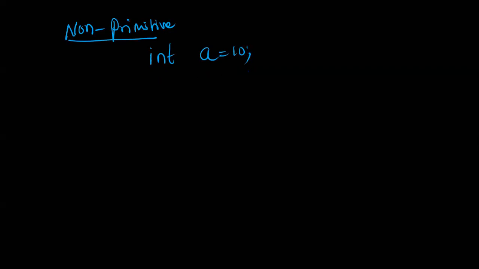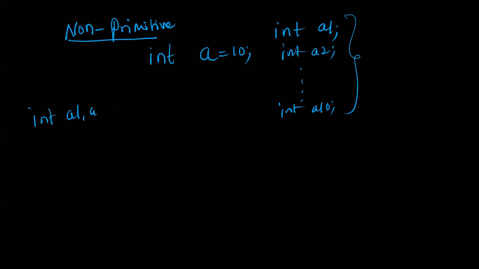If we follow only primitive data types, we have to create 10 variables: int a1, int a2, and so on up to int a10. To store 10 numbers, we need 10 variables. This is one way. Or you can declare them in one line like a1, a2, a3, and so on up to an.